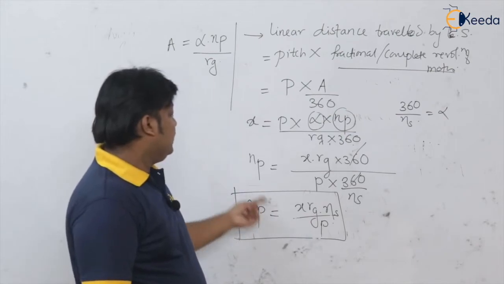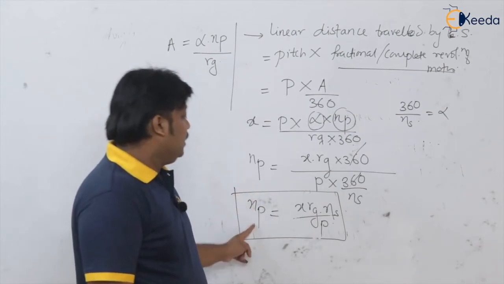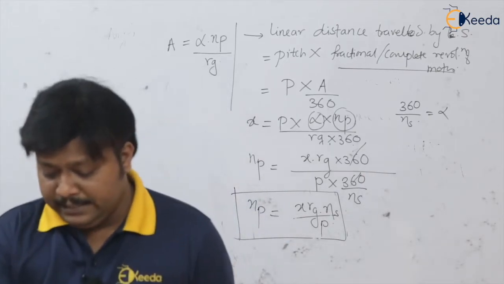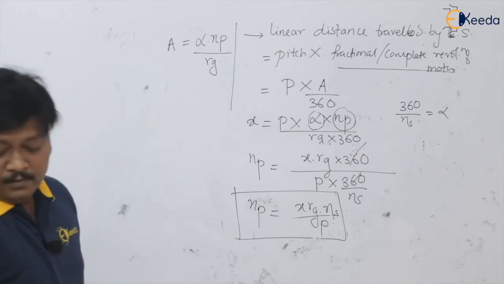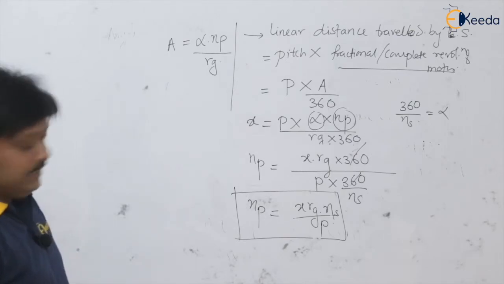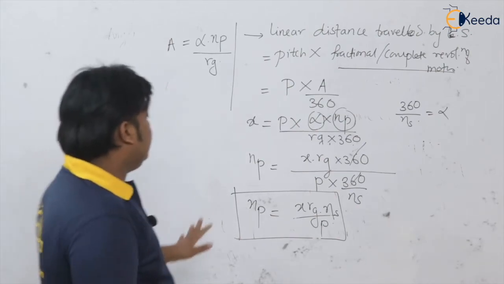You will get the number of pulses received by the motor, this is NP. So NP is equal to NS into X RG divided by P. That is very much correct.